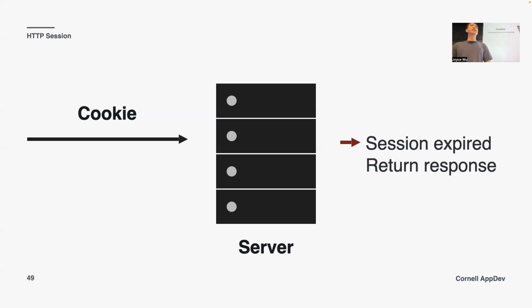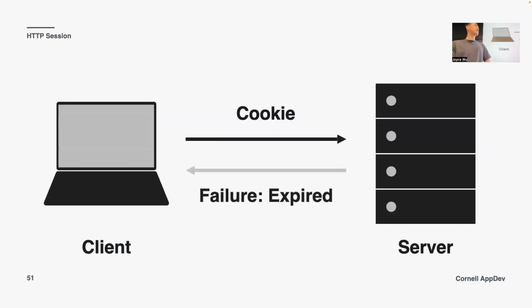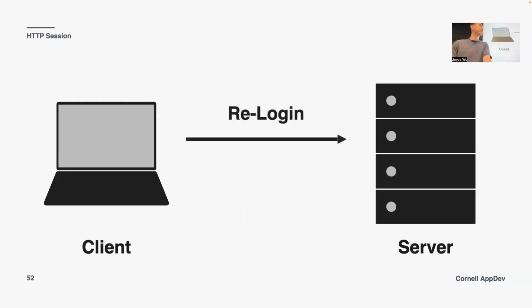But one problem is that when the session expires, yes, other people can no longer use the cookie, but the cookie I stored on my front end, in my client, is also not going to work. Obviously, if the cookie isn't validated anymore, we're going to return a failure response. And at this point, what we have to do is log in again.